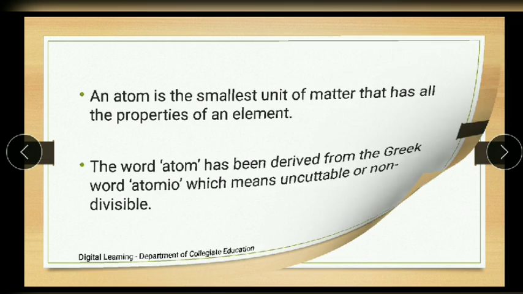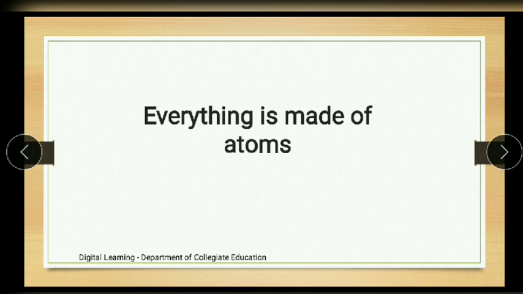The answer is that everything is made of atoms. If we understand the atomic structure, we can understand the properties of matter, so that we can manipulate its properties and make use of them for the development of science and technology.